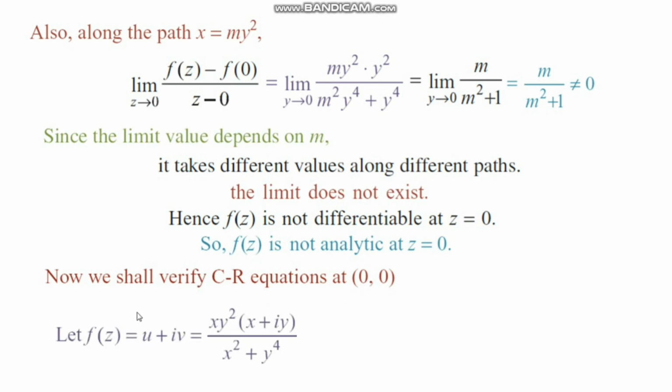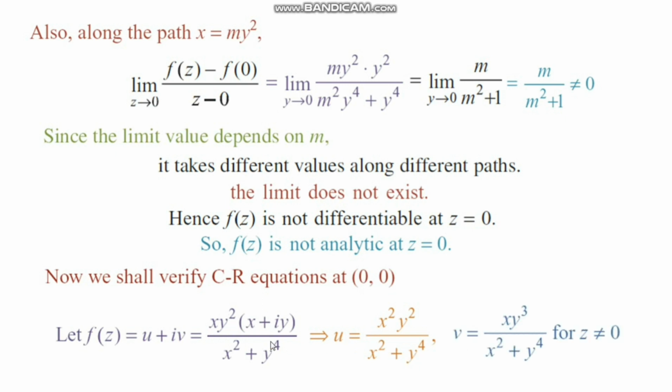Let f of z equal to u plus iv, that is xy square times of x plus iy by x square plus y power 4. Here we have the real part and imaginary part. Real part is x square y square by x square plus y power 4.